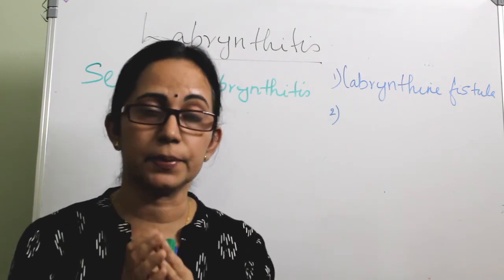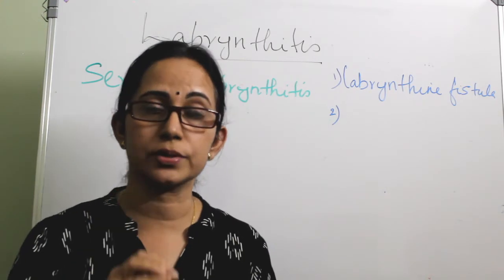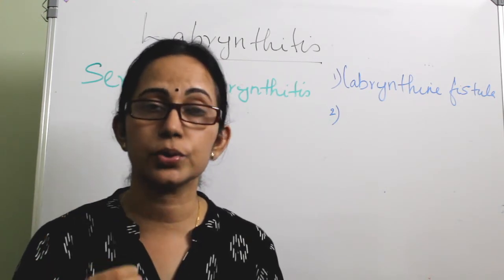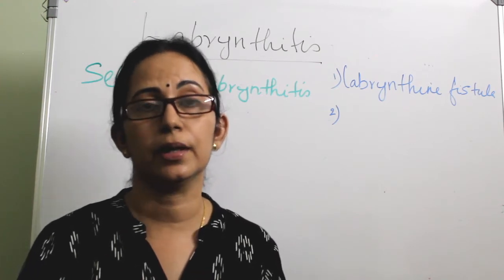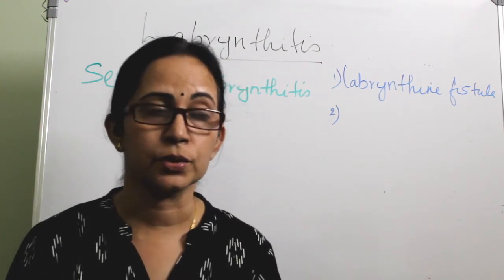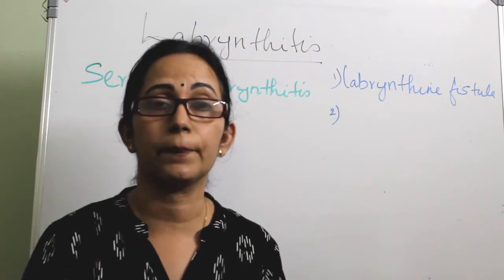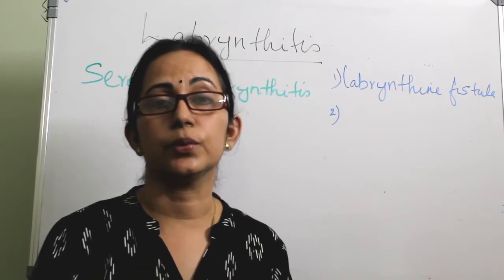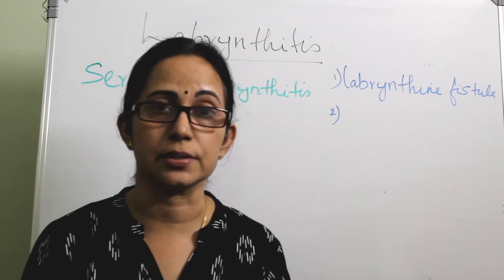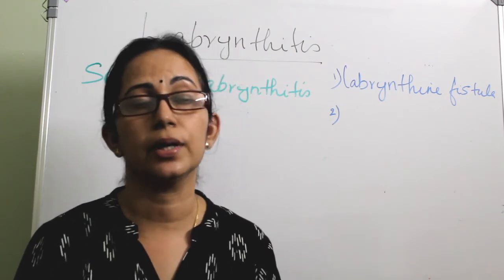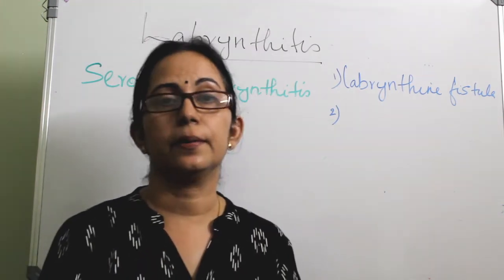Actually, I am repeating, there is no direct bacterial contamination of the inner ear, only the toxic materials or host inflammatory mediators like cytokines go through the round window membrane and cause inflammation of the labyrinth. So it occurs as a continuation of labyrinthine fistula, or as a continuation of acute or chronic otitis media, or after mastoid surgeries or surgeries of the temporal bone, especially stapedectomy or fenestration operation, or after a blood-borne infection.